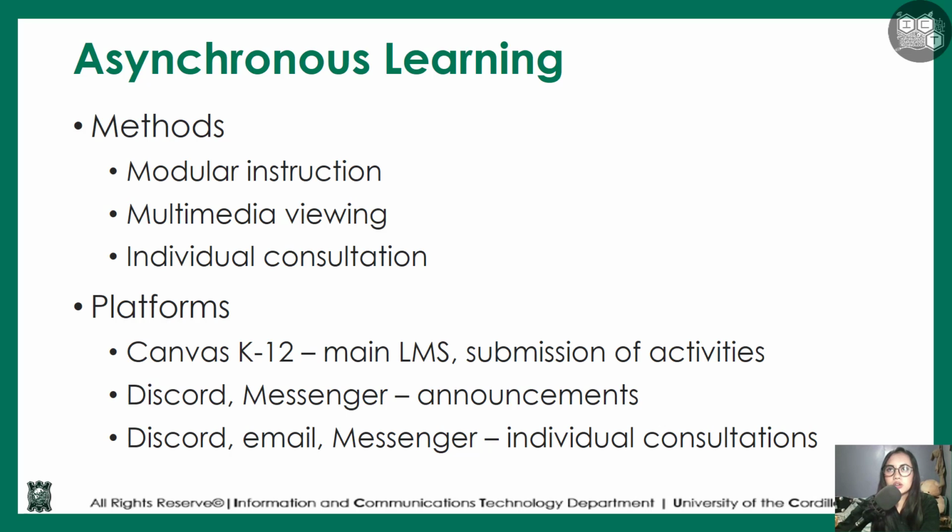So if I need to announce the link for the new synchronous learning session, or if there's something that you need to know abruptly, then I would be using Messenger and Discord. And then lastly, we have individual consultation. So you can either use Discord, email, or Messenger. As I've stated a while ago, I would like you to use email if you want a more instant answer. Secondly, Discord, and then lastly, Messenger, since I don't really open my Messenger that often.